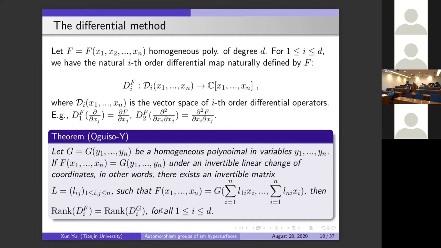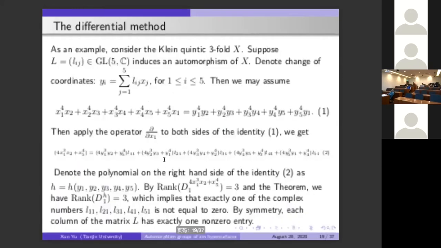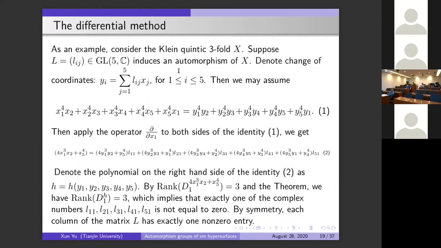So let me explain how to actually use this in a concrete case. For example, let's take the Klein quintic threefold, this one. Of course, it has only 5 monomials. We want to know whether all changes of coordinates preserving it are like a permutation or diagonal action, or a composition of those.